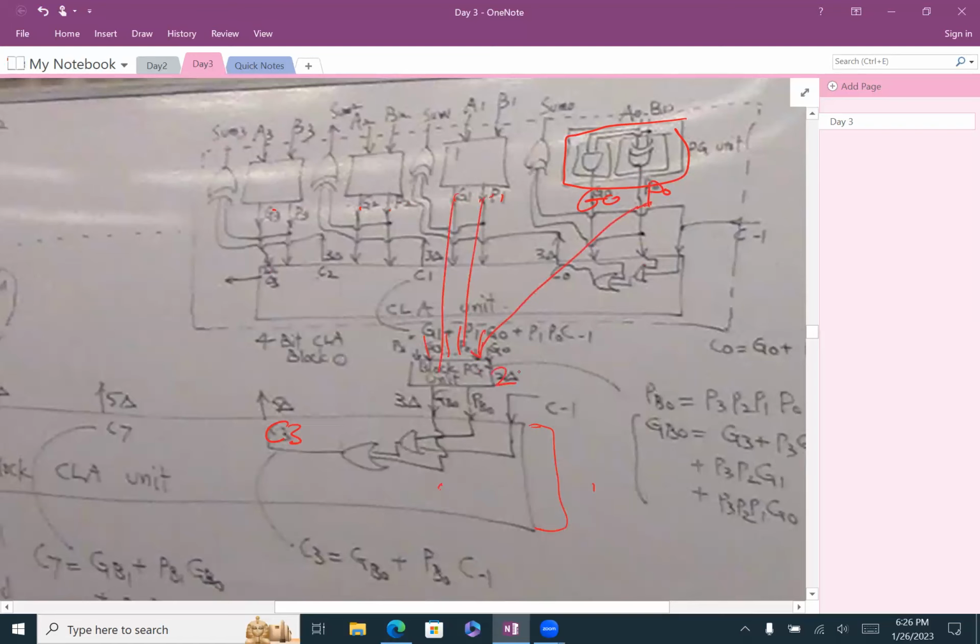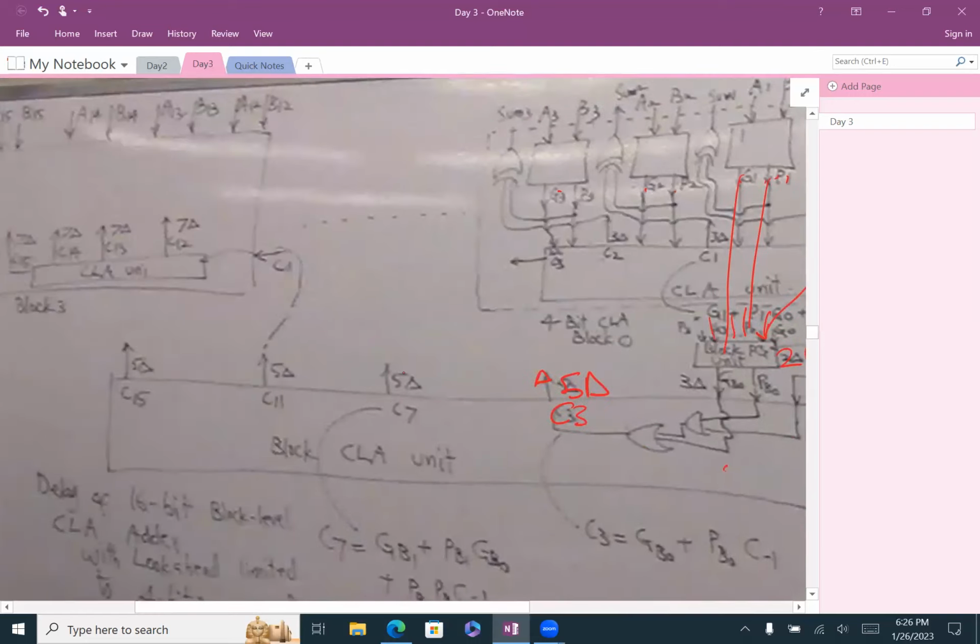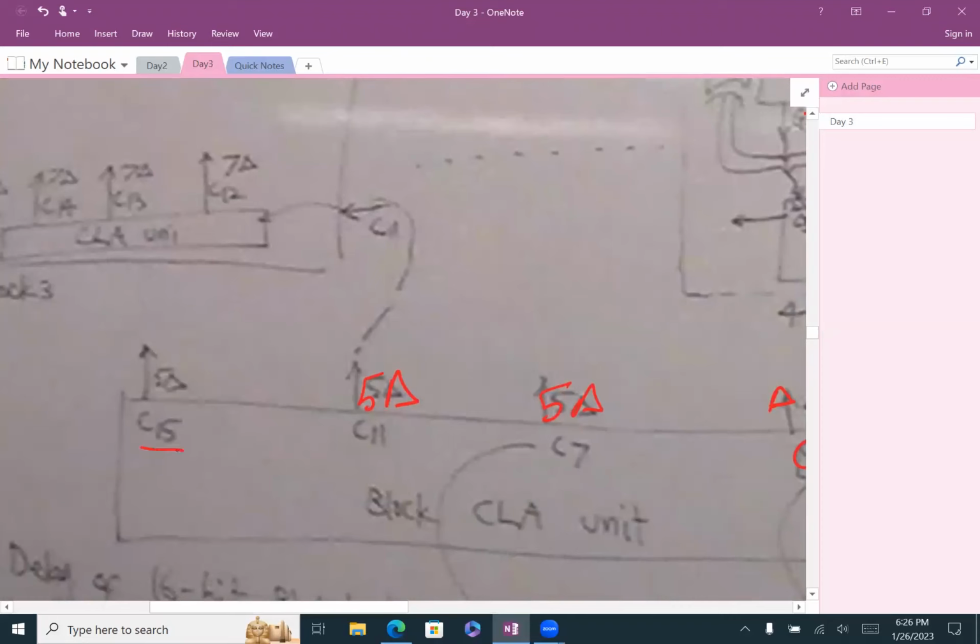And this one, we said, is 2 delta, and for the carry lookahead it's another 2 delta. So to get this one, it's going to be 5 delta. Perfect. And it's going to take another 5 delta. Same thing for C7 and then C11. That's the trick here. So then it's going to take another 5 to have the C15, correct?